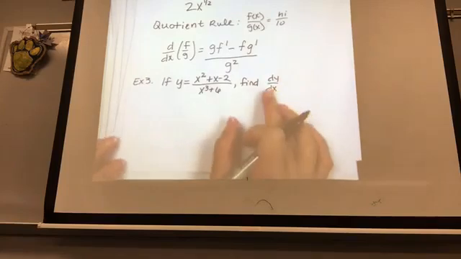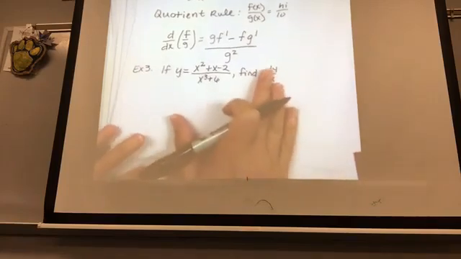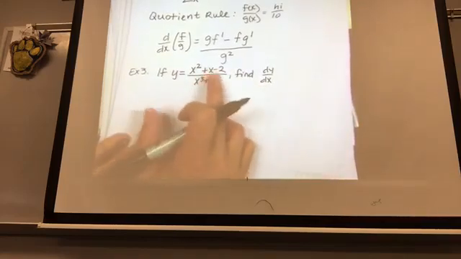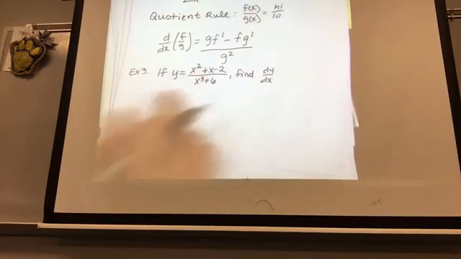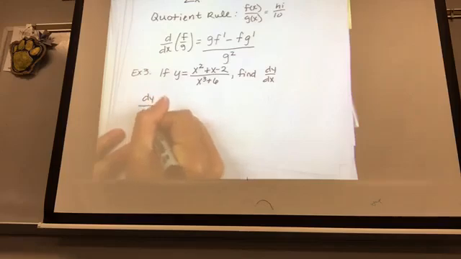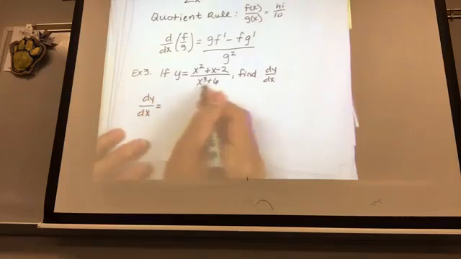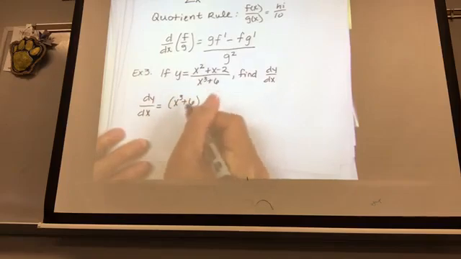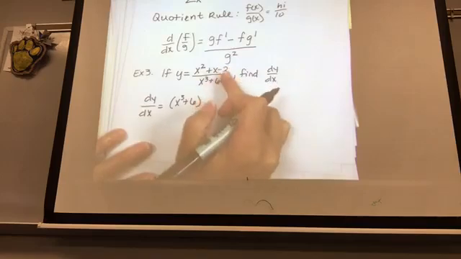So that's just another notation for the derivative. So I'm going to remember, since it's division, I have f over g, low d high to get started. So dy over dx will equal low, meaning the bottom one first. So x cubed plus 6, low d high, so the derivative of the top.